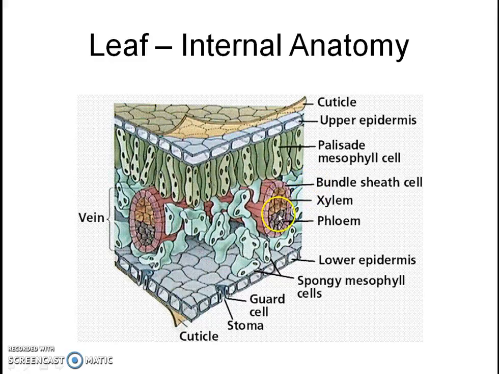These are xylem and phloem structures. The lower epidermis shows spongy mesophyll cells, guard cells, stomata and cuticle. These are veins and veinlets seen here.